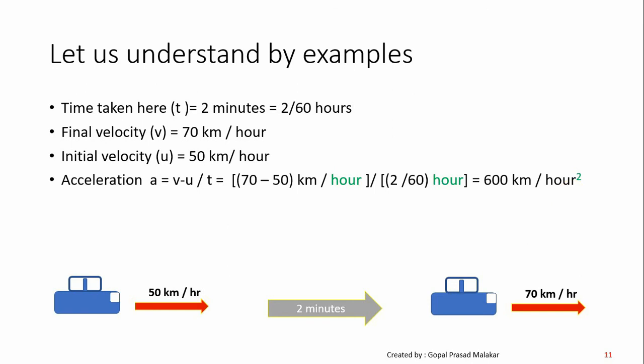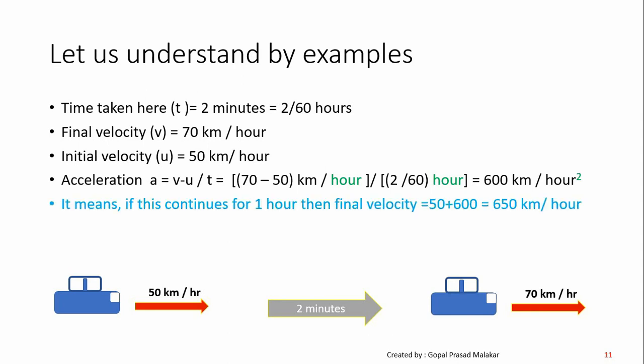What is the intuitive understanding of that? Intuitive understanding is, if you started with 50 kilometers per hour and the acceleration is 600 kilometer per hour square, which means the velocity will change by 600 kilometer per hour whatever was the initial value. Which means if it continues for 1 hour, it started with 50 km per hour, at the end of the 1 hour the velocity will become 650 kilometer per hour in this direction.